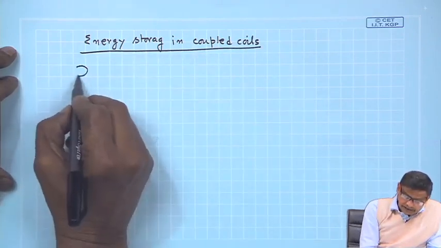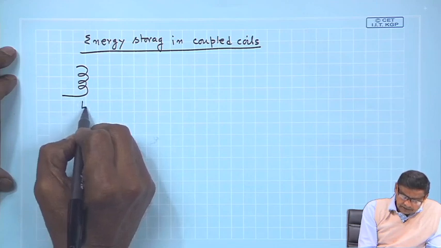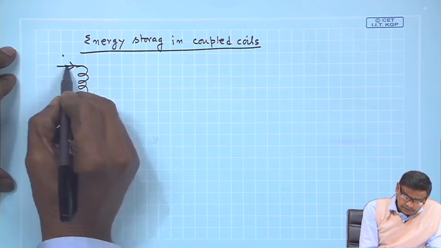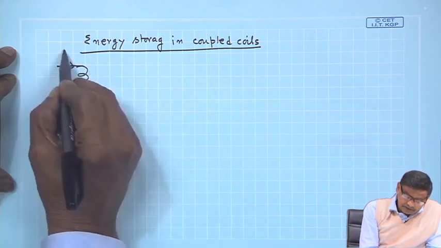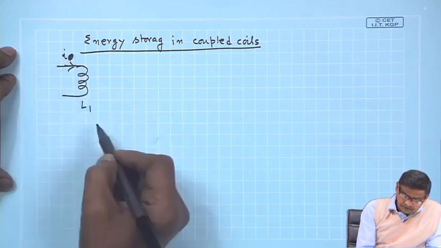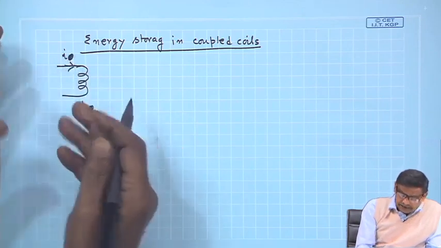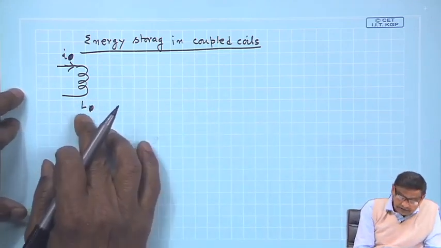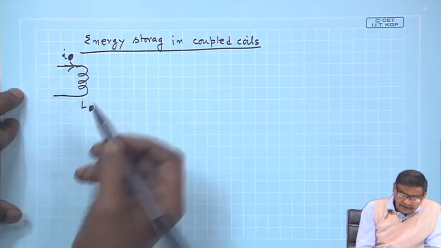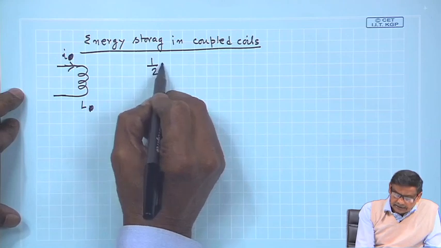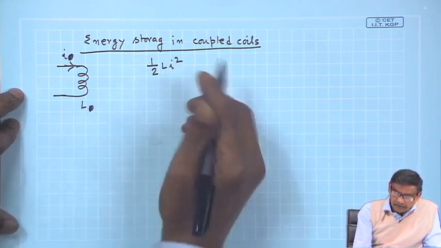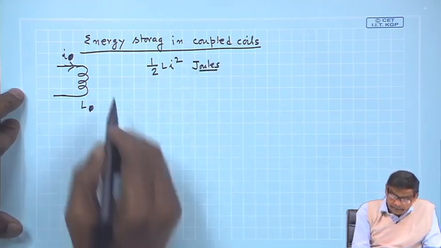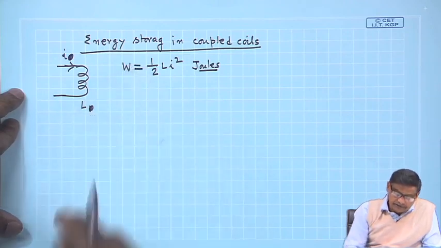If we have a single coil with self inductance L, and suppose you are passing some current I through it, we know that energy storage is half L I square joules, provided L is in Henry and I is in ampere.